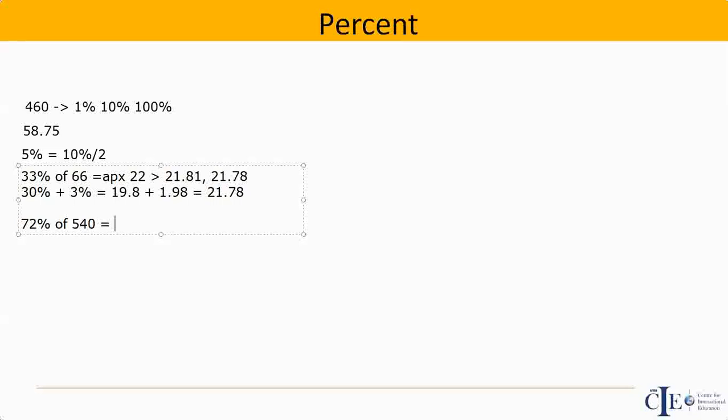So this can be seen as approximately 75% minus 3%. This can also be seen as 70%, that we first find out, plus 2%.